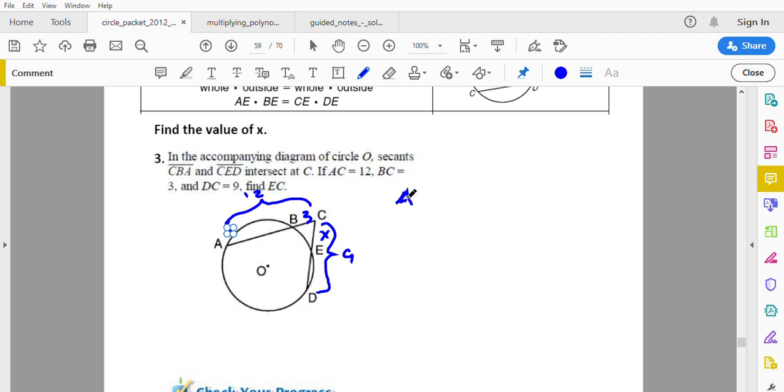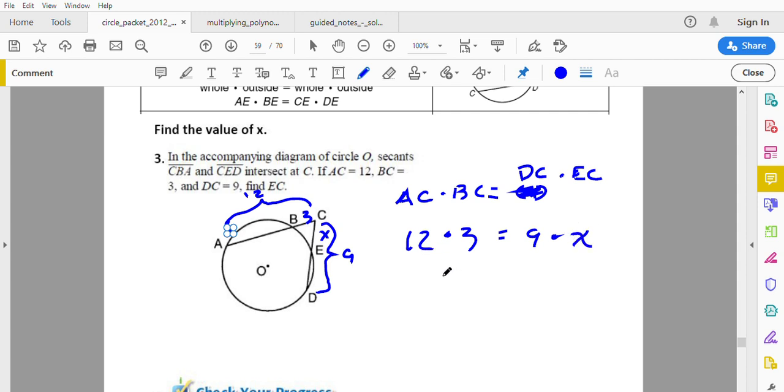We're going to say AC times BC, the whole thing times the outside, is equal to DC times EC. So again, AC is going to be 12, BC is going to be 3, DC is going to be 9, and they want to know how long is EC.